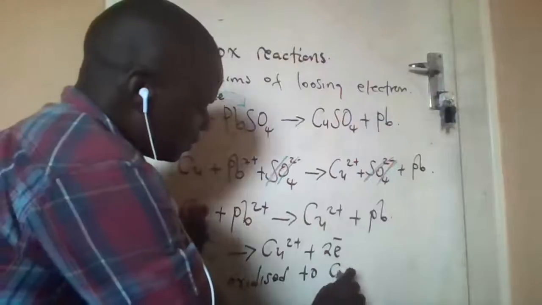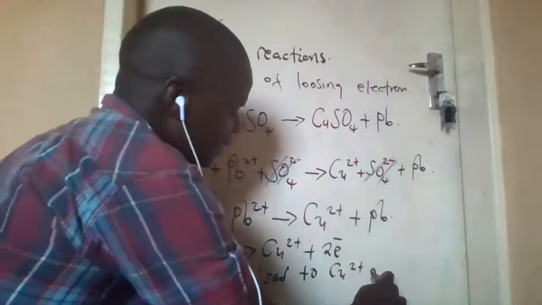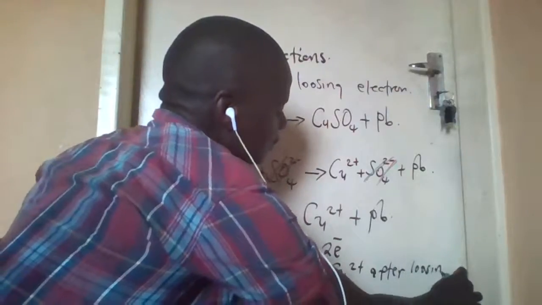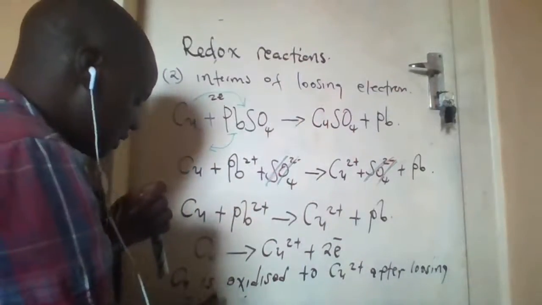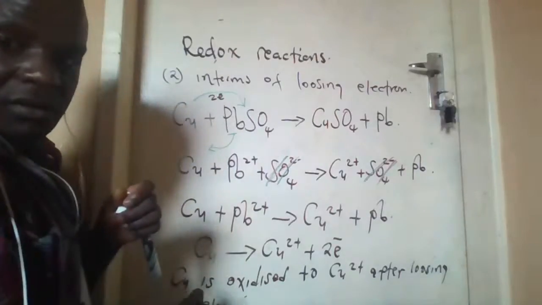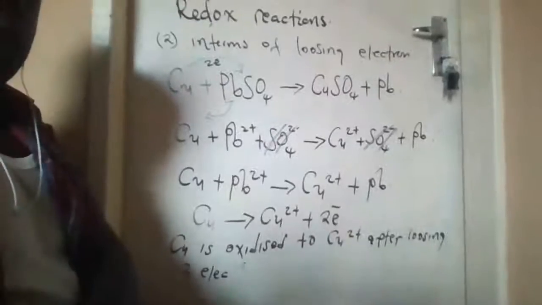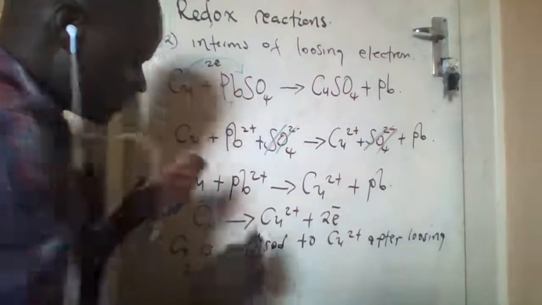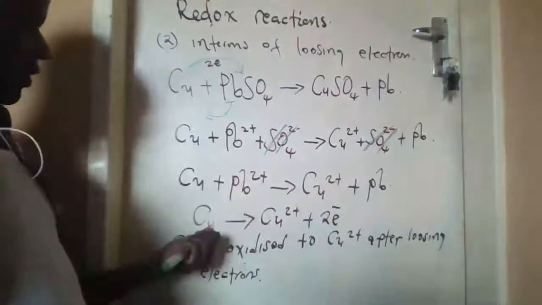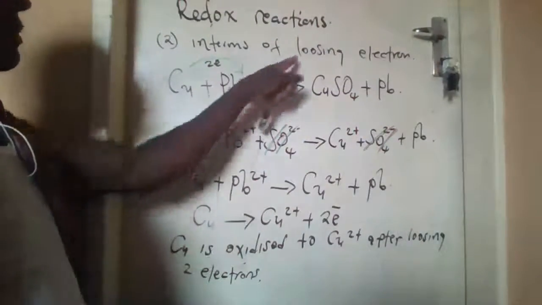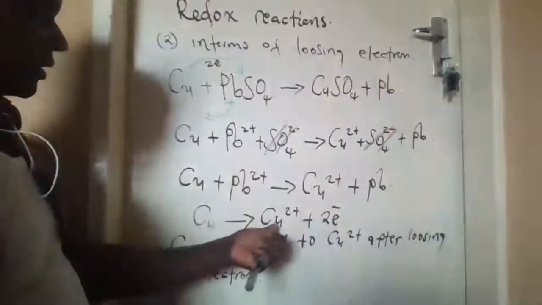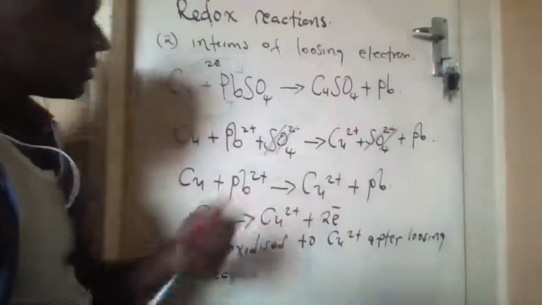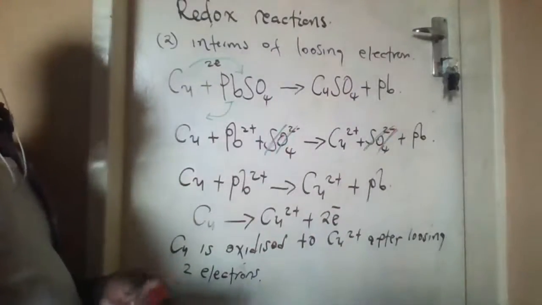To Cu2+ after losing 2 electrons. So that's what we can say: that in this reaction, copper has been oxidized by doing what? By losing electrons. And the electrons that it lost, how many? There are 2. And these are the ones that lead gained and it was liberated as a metal, like that.